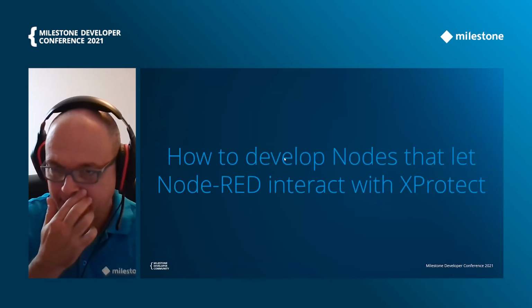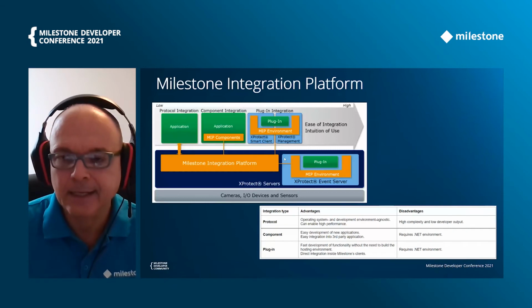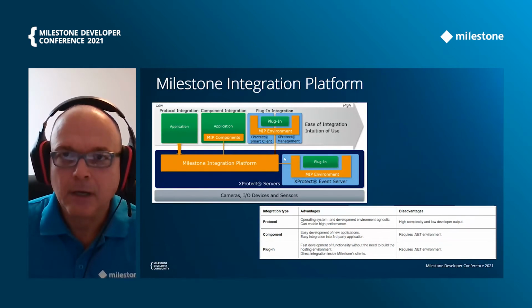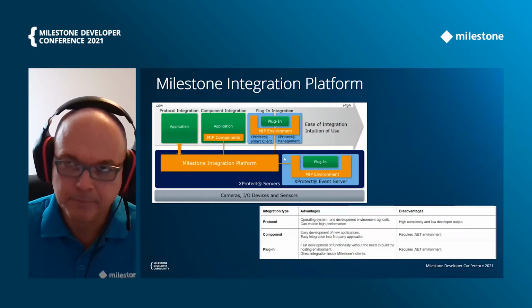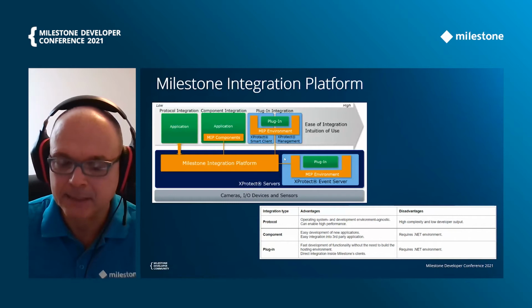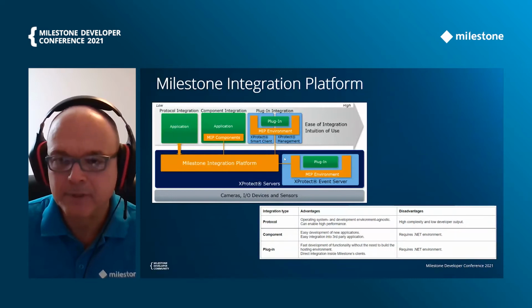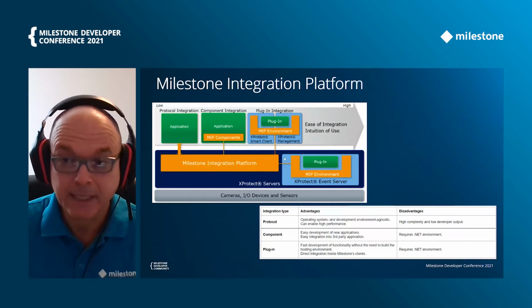Well, let's first think of which could be the best integration that we can do with Node-RED. As you know, the Milestone Integration Platform offers three kinds of possible integration, if we leave apart the mobile one for now, when it comes to using the full power of the SDK: we have protocol integration, we have component, we have plugin.